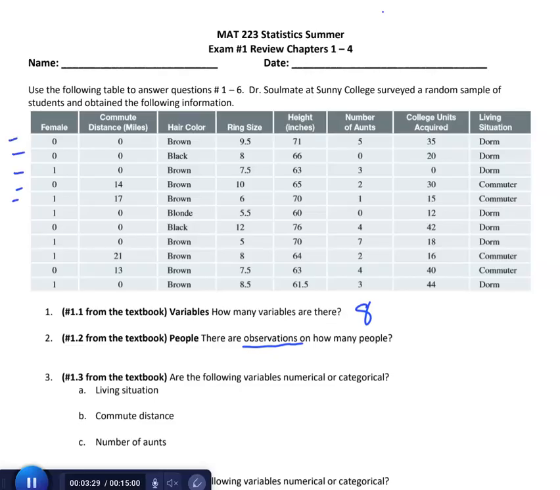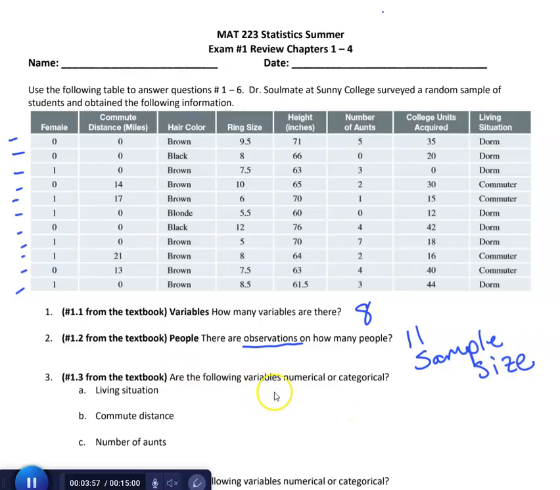Each row represents a different individual in the survey. So if you count up how many rows there are, 1, 2, 3, 4, 5, 6, 7, 8, 9, 10, 11. That means there were 11 observations, or 11 people that we surveyed in this example. You may also see that as the sample size. So we could say the sample size in this case was 11. That's another thing we might mention.